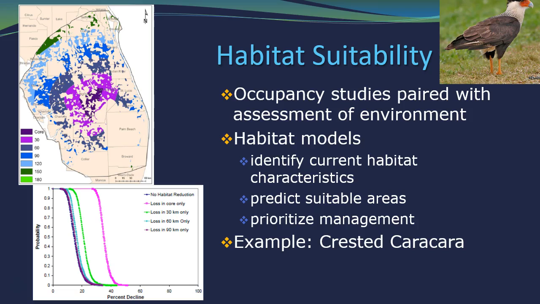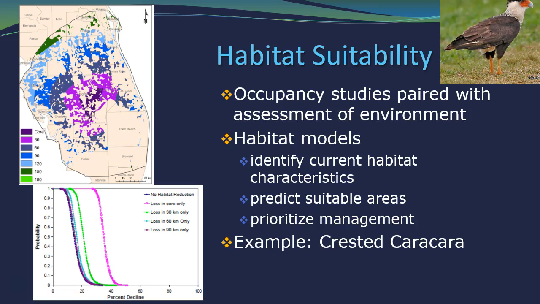So we have a bunch of different lines here, and each is related to the model that you see there on the map. So for example, the loss in the core area would be that bright pink line.